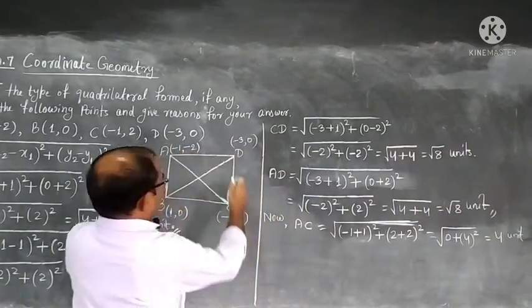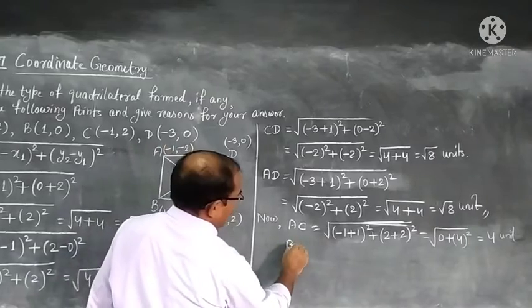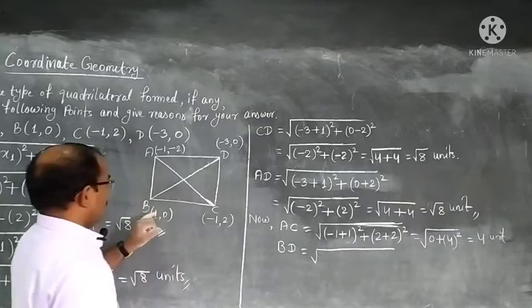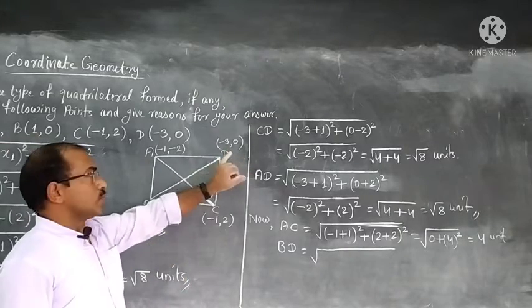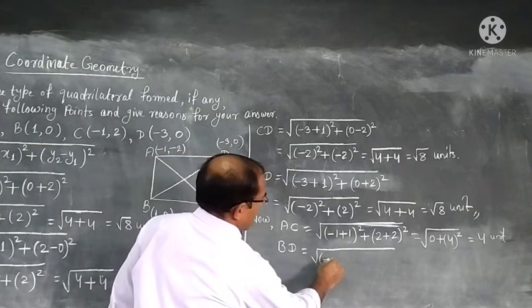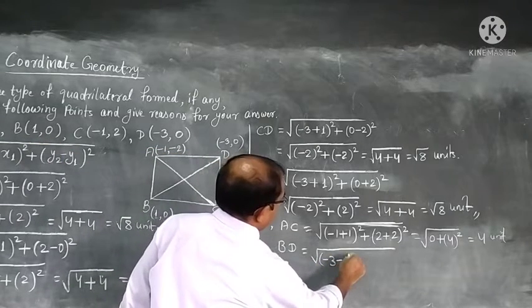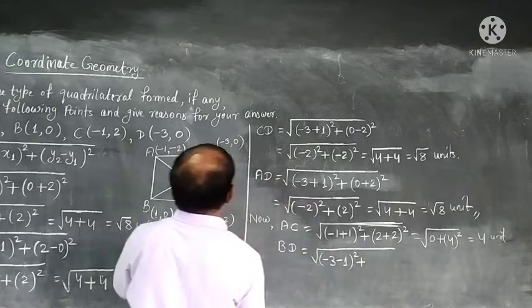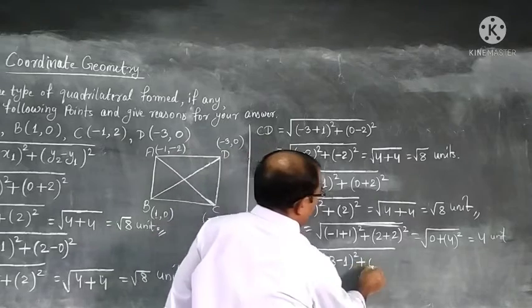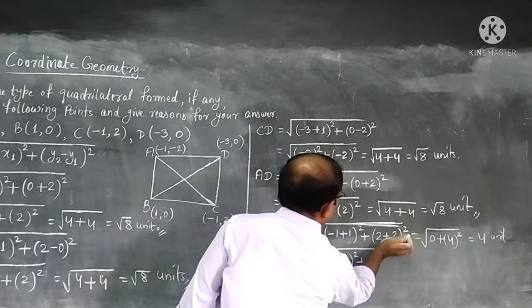Next is diagonal BD. Let us see BD, x1 y1, x2 y2. So x2 minus x1 is -3 minus 1, whole square, plus 0 minus 0, which is 0 only, nothing to do for 0.